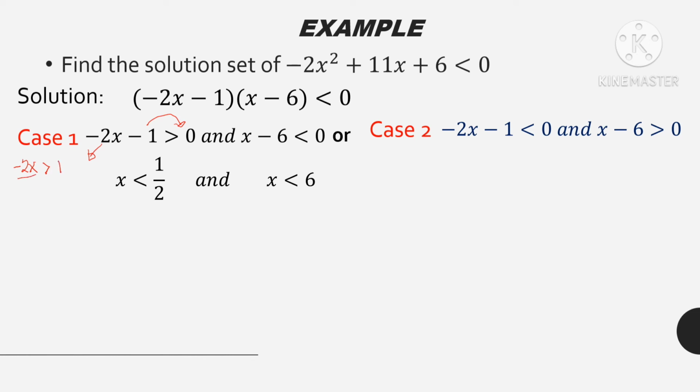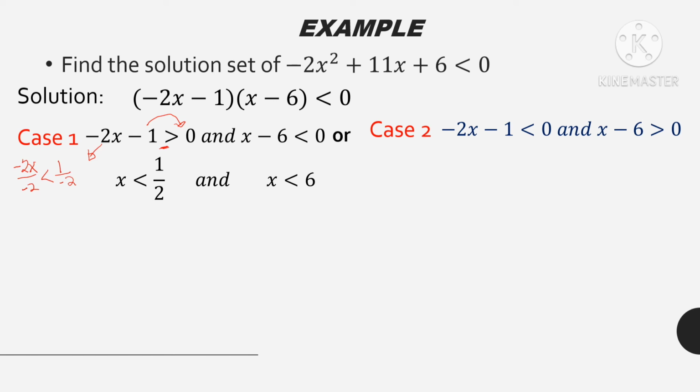Then we have to divide or multiply both sides by -1/2 or divide it by -2. So our divisor or multiplier is negative, so we have to reverse the inequality. From greater than, it will become less than. That's why we come up to x less than 1/2.